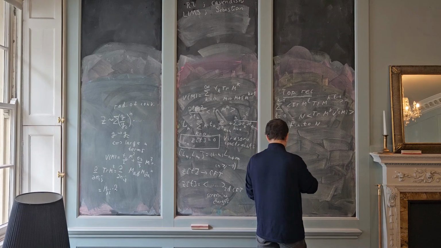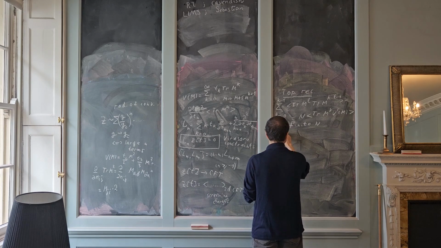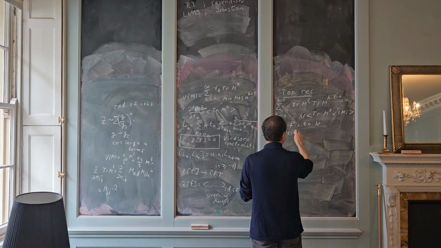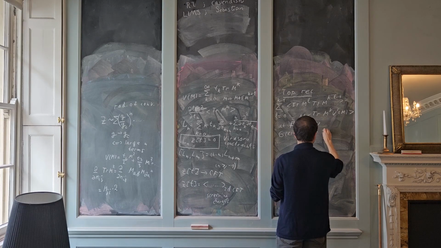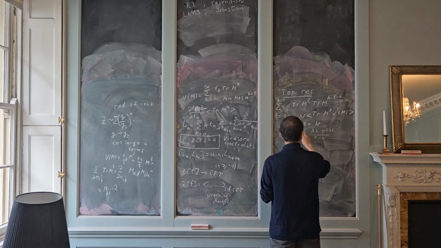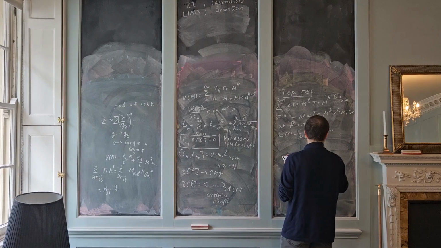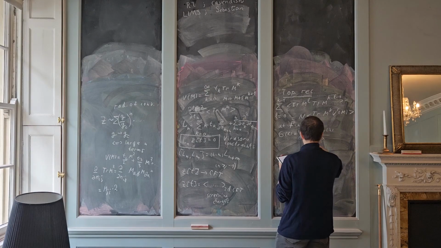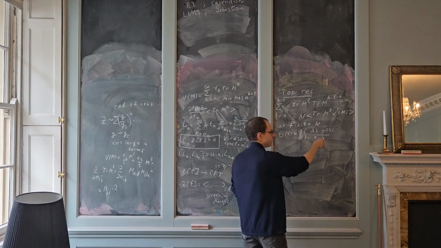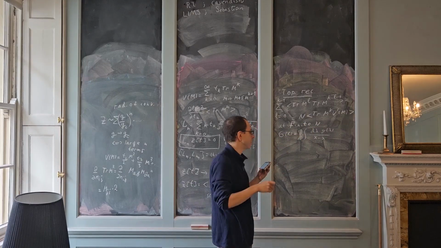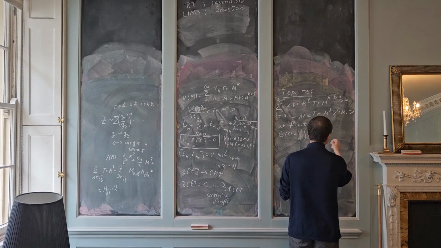Remember last time we considered some objects, for example the resolvent G(x), which was the integral of d lambda rho(lambda) over x minus lambda, with a 1 over N, probably, like this. Rho of lambda was the density of eigenvalues that have condensed to some cuts in the complex plane, and this was the resolvent.